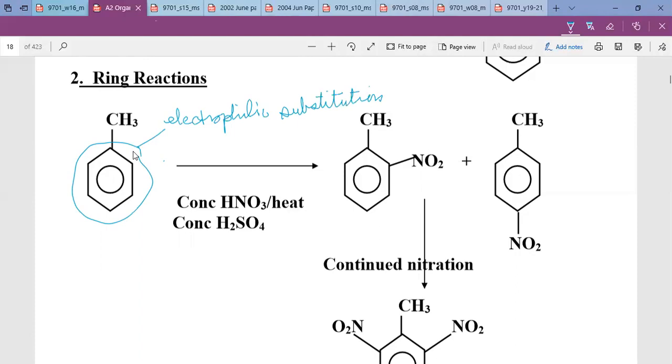Okay, already not very good there because I need to hurry up. Okay, now this is called the first one, number 1. Okay, so whatever enters here, you call it X positive, whatever here, I say Y positive, okay, can be Br positive, can be Cl positive. Remember that, okay, all these are electrophiles.